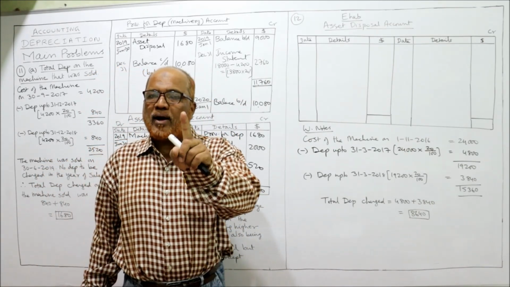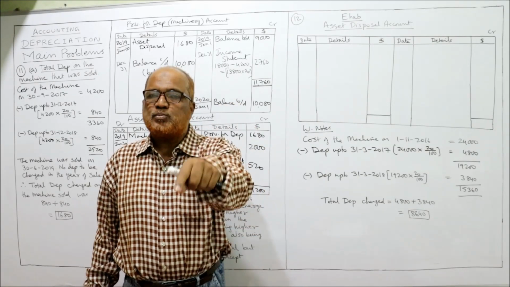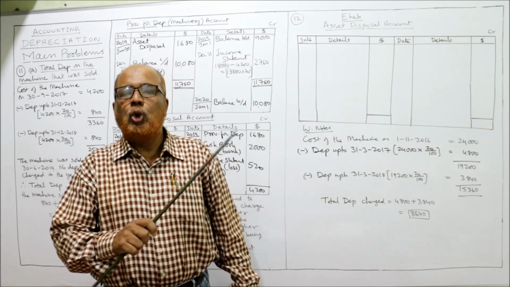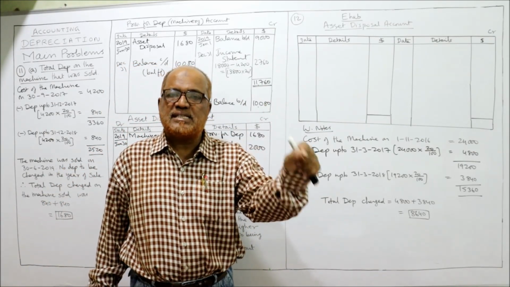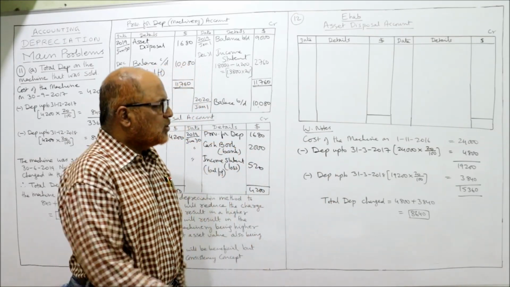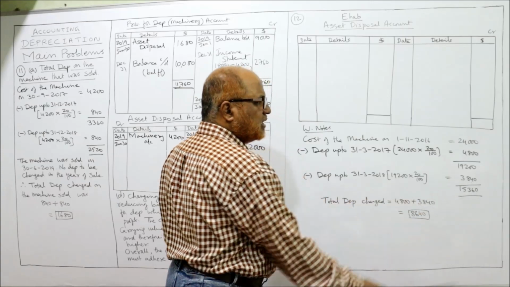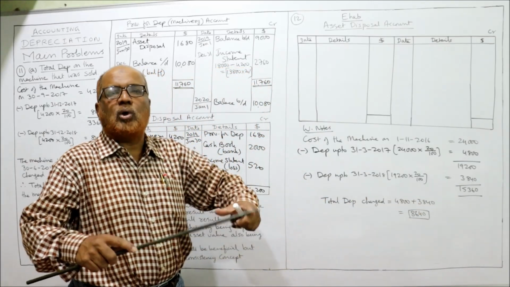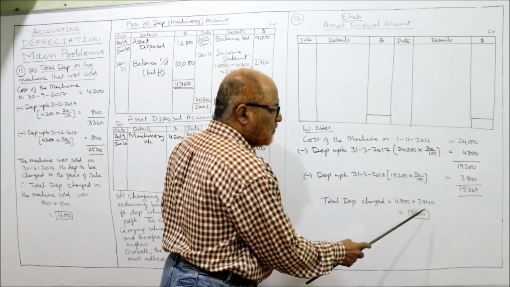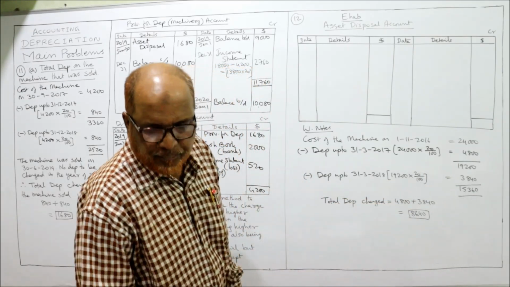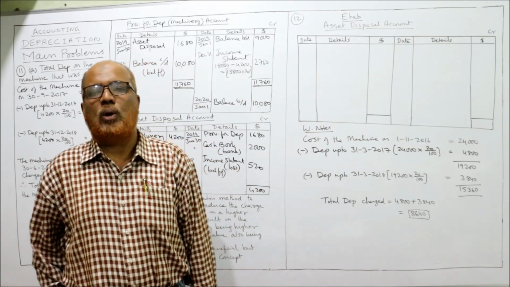We are not providing depreciation for 31st March 2019 because it is specifically given in the problem that no depreciation should be charged in the year of sale. So only two depreciations: first year 4,800, second year 3,840. Total accumulated depreciation 4,800 plus 3,840, 8,640. This is the total depreciation on the machine which is sold.